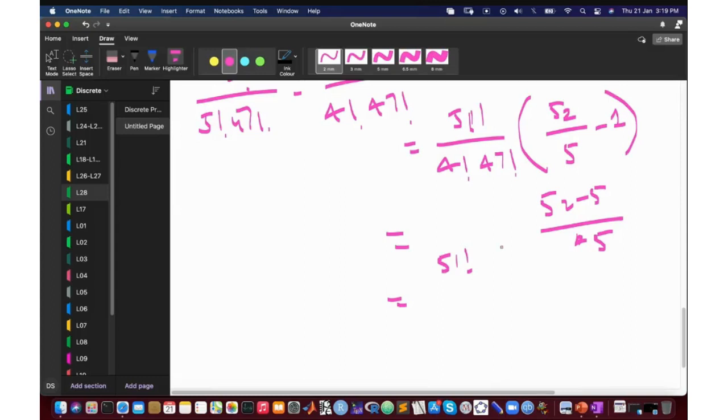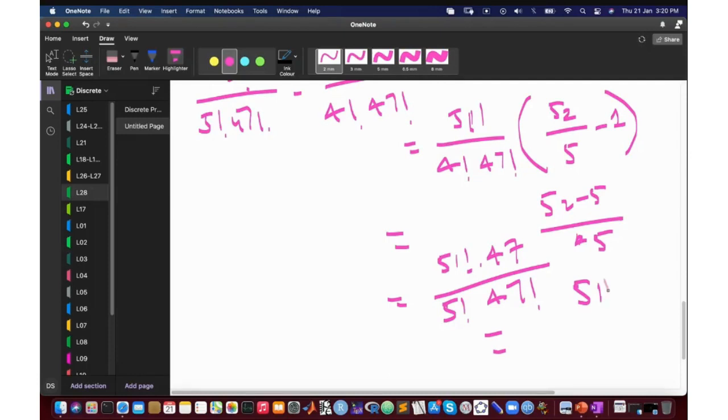What's wrong with the 46 thing? So this is 51, and this is 47. And I have 5 factorial here. 5 times 4 आ गया और नीचे I have 47 factorial. So this gives me the answer of 51 choose 5.